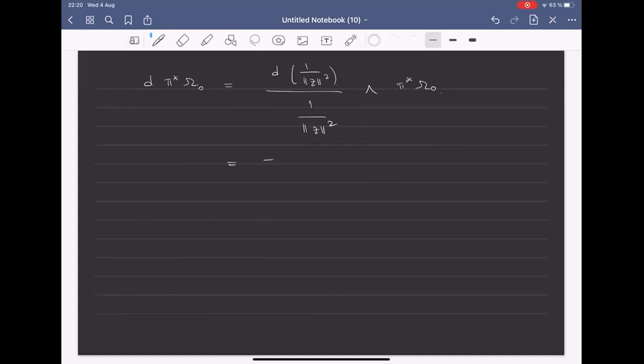So it is minus d of the logarithm of the norm squared wedge the pullback of omega 0.